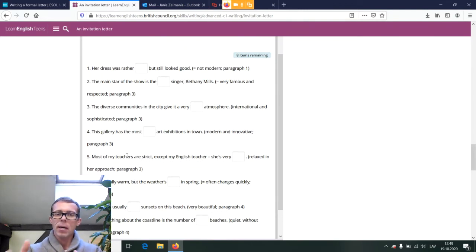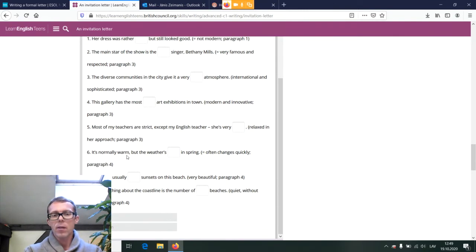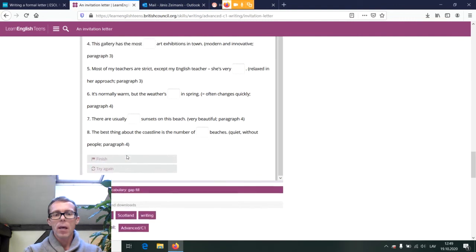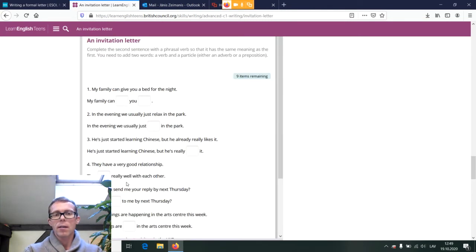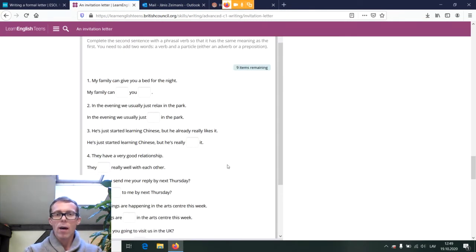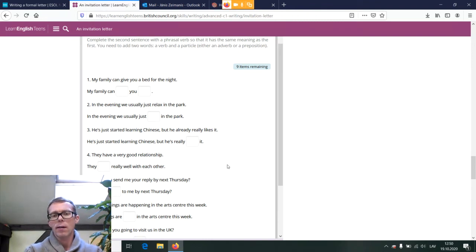Again, it's playing with levels of formality, the formal and informal one. And then the final activity is the pure vocabulary task, where you have to think of the missing words. Again, you can find them in the sample letter. It's paraphrasing. So, my family can give you a bed for the night, and you have to think of a phrasal verb, and this is the one that you can find in the particular text as well.